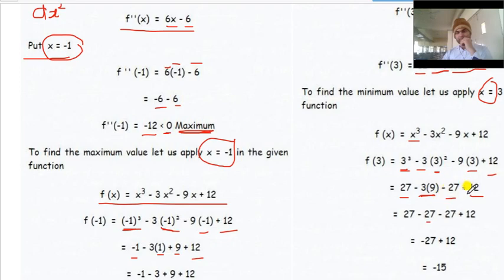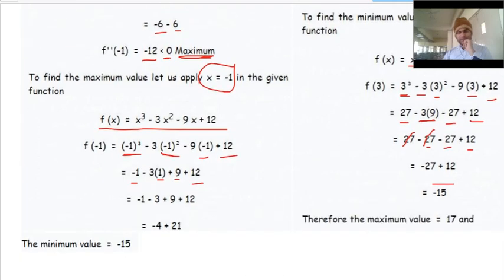This is minus 27. This is 12. So this 27 and this 27 will be cancelled because these are plus and minus. Minus 27 plus 12, that is minus 15. So minus 15 is the minimum value of your function.